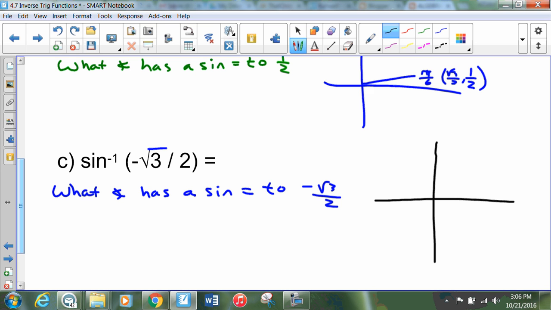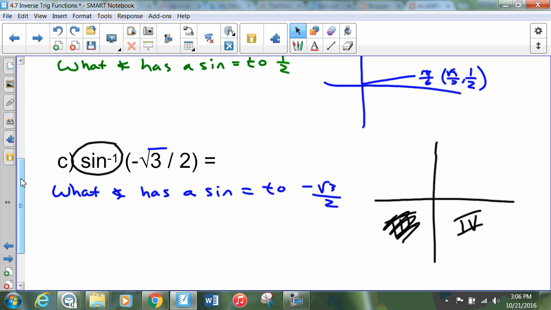Sine is negative in the third quadrant and the fourth quadrant. So the angle that has a sine that's negative lies in either the third or fourth quadrant. But I know inverse sine has to fall in the fourth or the first quadrant. So the third one's out. I know this angle is in the fourth quadrant.